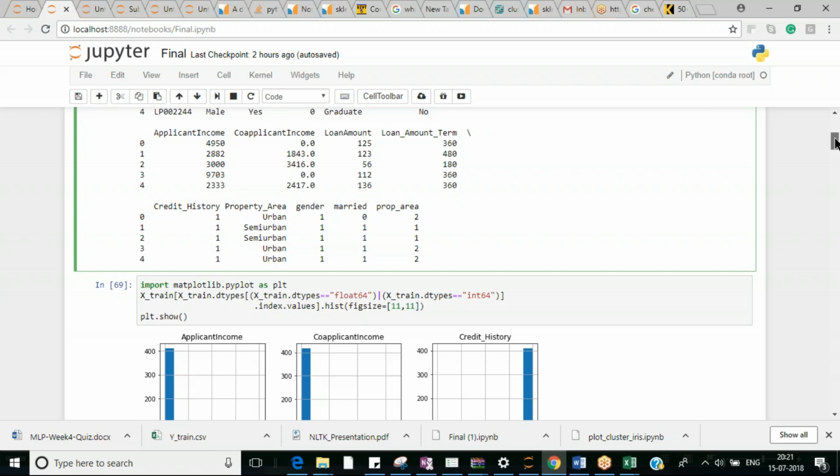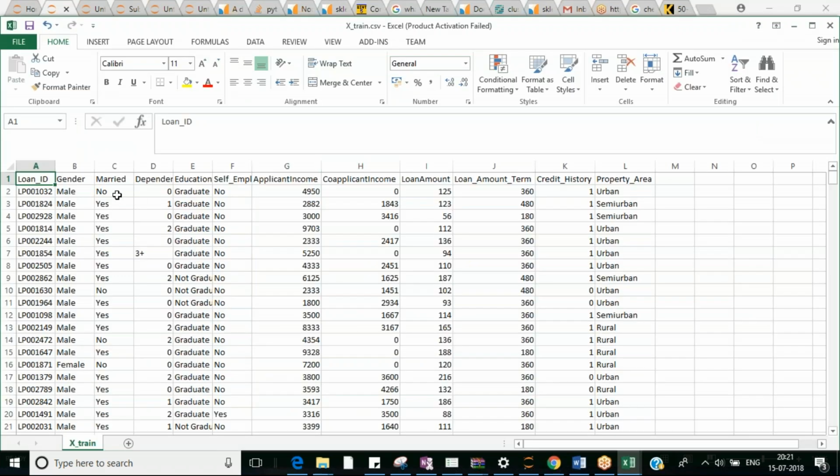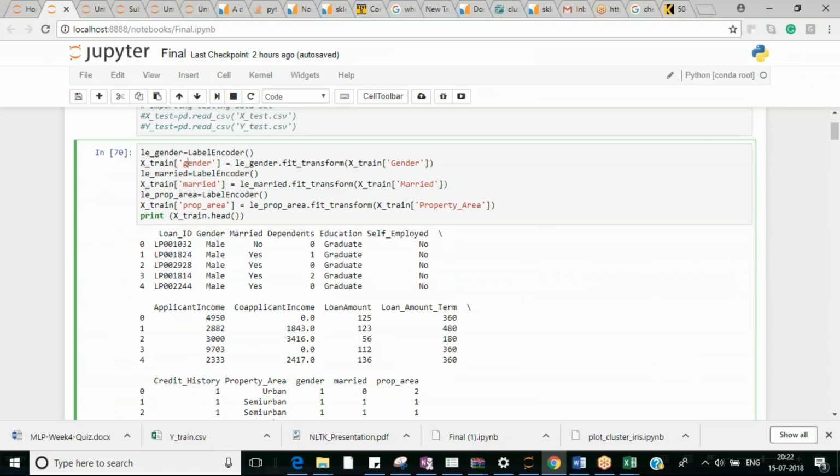So the first step is to label encode the categorical variables. For example, married, gender, education, credit history, and property area. These are all categorical variables, right? So you first label encode: gender, you label encode; married, you label encode; property area, you label encode.